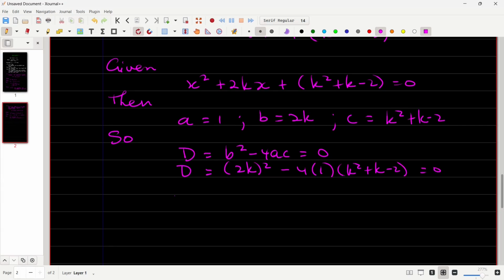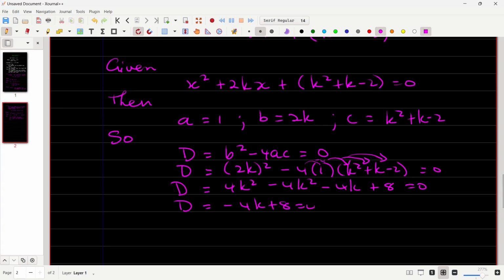Simplify, well, expand, and we get that d would be equal to 4k squared minus 4k squared minus 4k plus 8 equals 0. So I simply take this and this, I get minus 4, and then this minus 4 by this, minus 4 by this, with the distributive law. Then that means that d would be equal to minus 4k plus 8 equals 0.